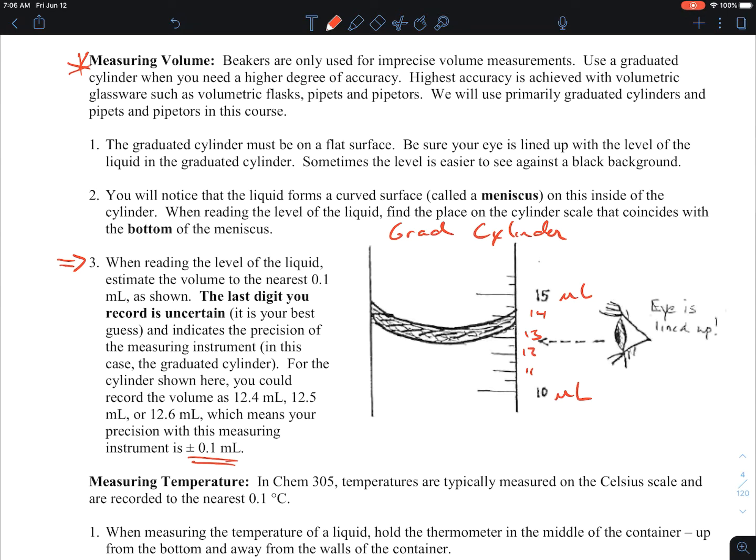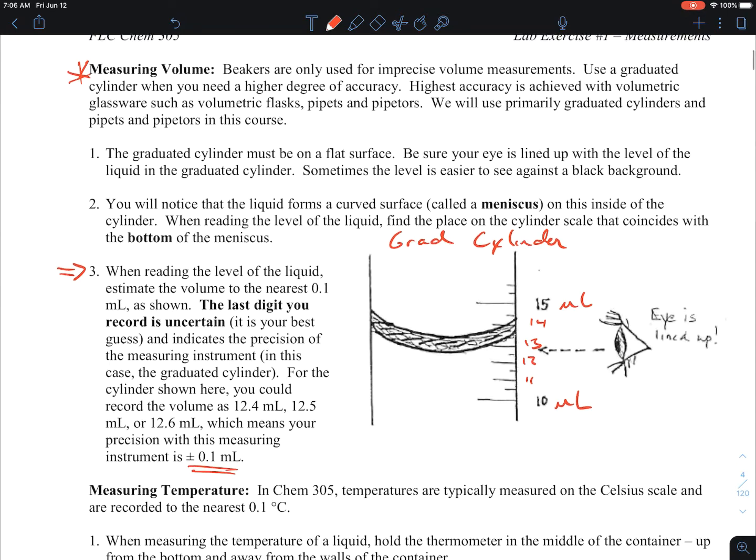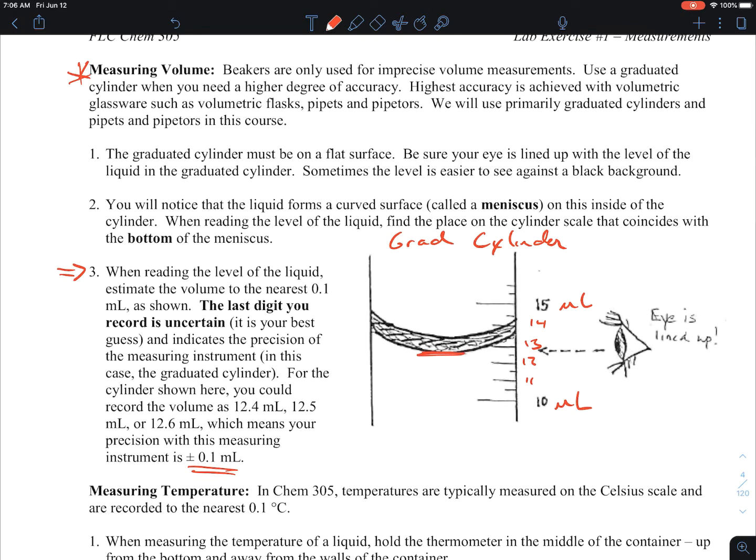So when you look at the volume of water in this graduated cylinder, and you read down to the meniscus, which is the bottom of that curve, you're going to say, well, I know it's definitely 12 something, 12 mL. And then to the nearest 0.1, it looks like 12.4 to me.